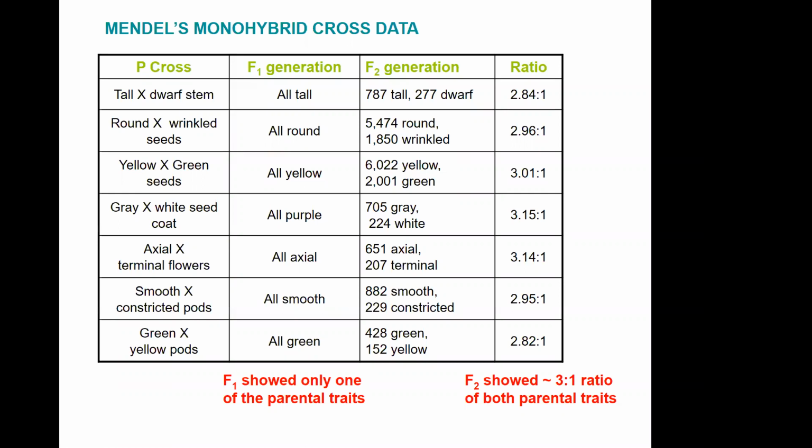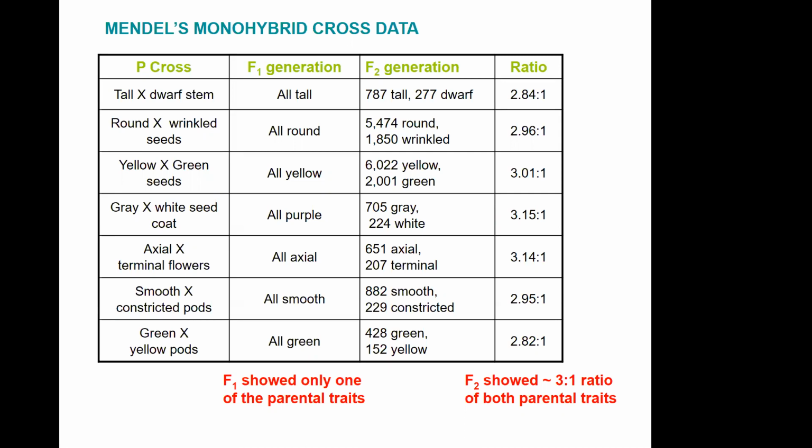And if you look at that here for the flower, where the flowers are, or the color of the pods, or the shape of the seeds, or the height of the plant, he saw that happen again and again. And he just said, well, what's the ratio here? And the ratio turned out to be almost the same every time, nearly 3 to 1. He always saw 3 of one of the traits, the trait that showed up first, and then he would see 1 to every 1 of the second trait. So this is how he came up with the idea of dominant and recessive.